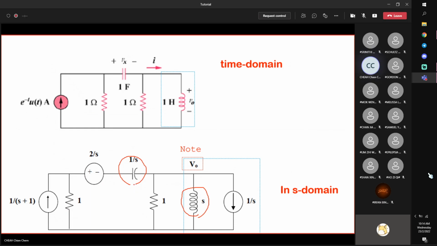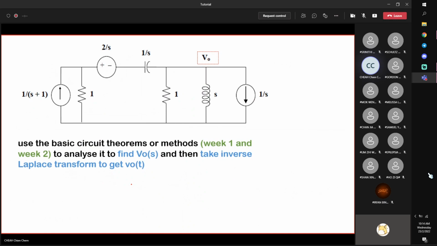For example, if you would like to use nodal analysis, this is node voltage, correct? You want to find voltage, so naturally maybe you want to consider nodal analysis. Then you start assigning node voltages everywhere at the nodes. Now this 0 is known, there's a node here which is 0.